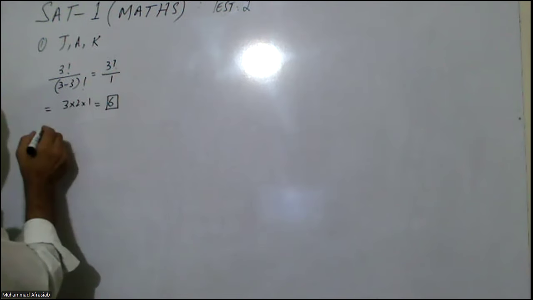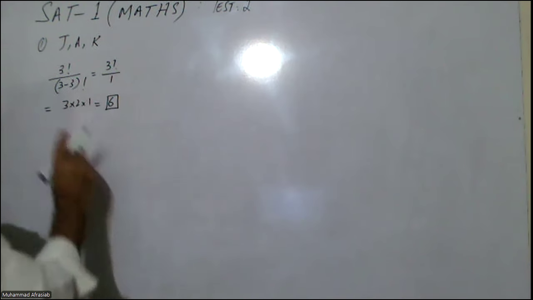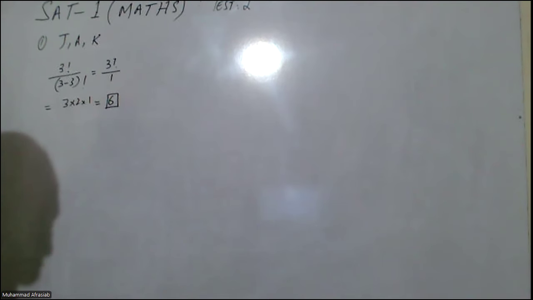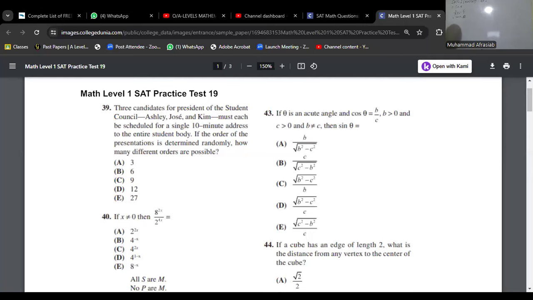So there are 6 different possible ways for this selection. So B is the answer to this question.